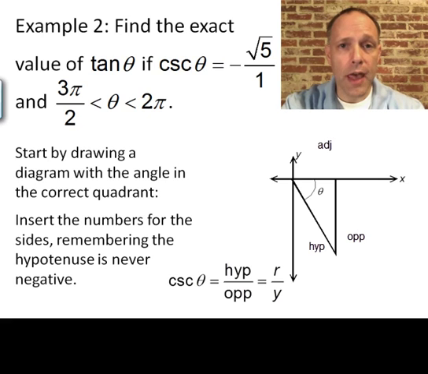One of those two numbers has to carry the negative. The hypotenuse is never negative, so the opposite, which is y, must be negative. That also agrees with my picture because that y value, that side, is below the x-axis, and y values that are below the x-axis are always negative.